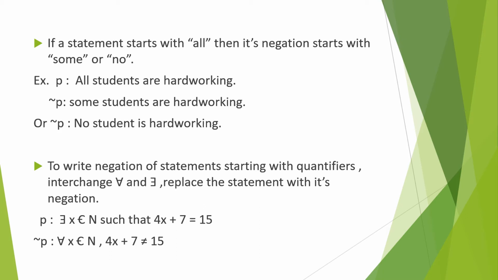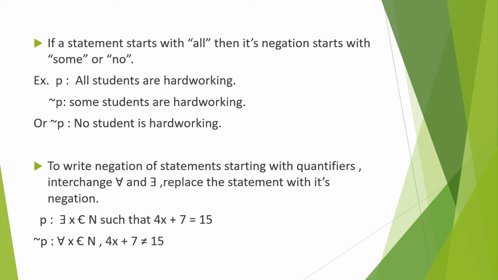So negation P becomes some students are hardworking, or we can write it as no student is hardworking. All are not hardworking, that means some are hardworking or nobody is hardworking. So both the statements will do. So negation of all students are hardworking is some students are hardworking or no student is hardworking.